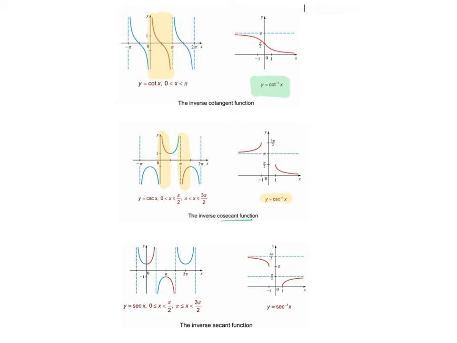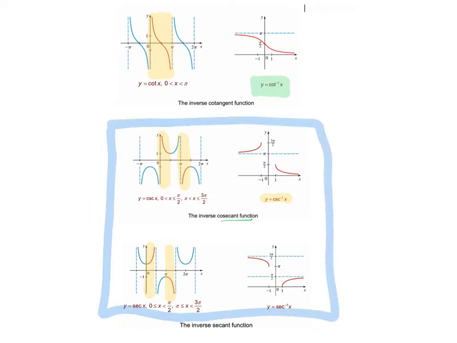You just have to be really careful with how we go about defining these functions so that the inverse is defined. And our secant can only be defined from 0 to pi over 2 and from pi to 3 pi over 2. So these ones are similar in how they're defined.